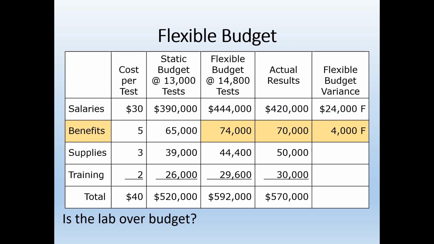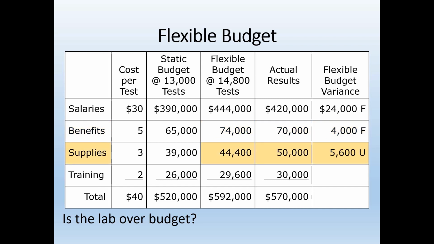Similarly, we see that the actual cost for benefits was $4,000 less than the amount predicted on the flexible budget, and we mark that favorable.